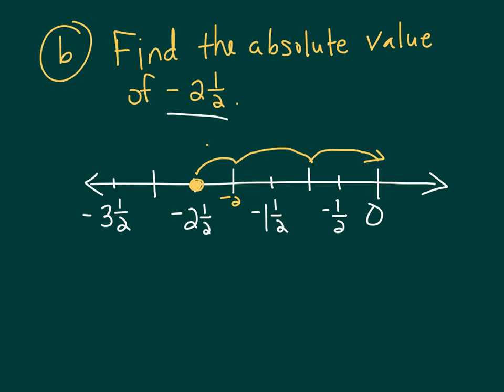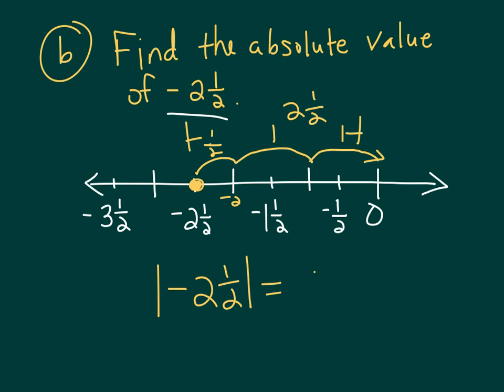So this is half right here. This is another whole jump, and this is another whole jump to get me to 0. So altogether, this is going to be a total of 2.5 spots away from 0. So when you see the question, what is the absolute value of -2.5, the answer is just 2.5. And again, it's positive because it's just the distance away from 0.